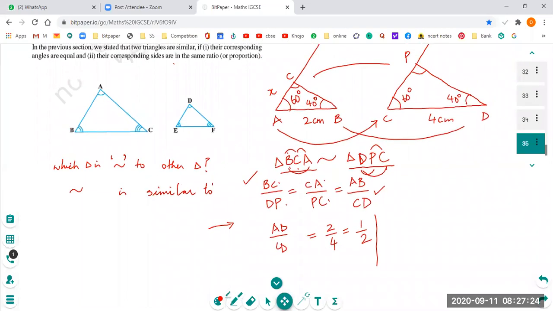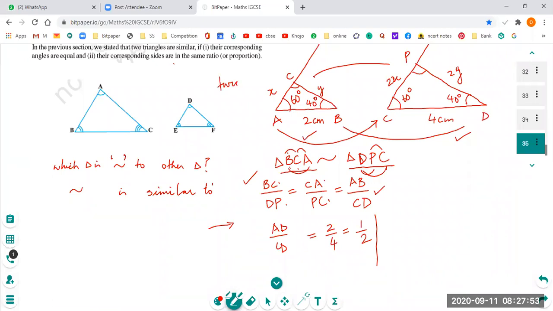2x. Beautiful. I'm so happy. You're right. So this will be 2x. This is the experiment you should do, students. Suppose BC is y, then PD should be 2y. Why? Because students, the relationship between the base of the bigger triangle and the base of the smaller triangle is twice.